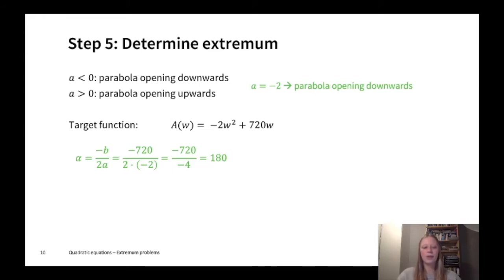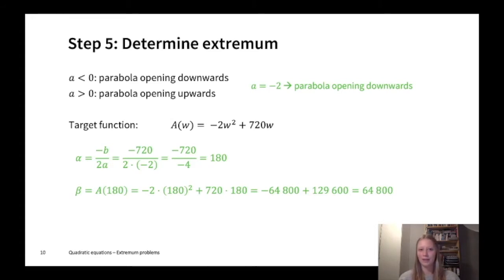So now we have to find beta. Now, how can we do this? We need to fill in alpha in our function. So we're going to change the w by the x value that we found, so our x coordinate or alpha. So that means that beta is A of 180, so equals negative 2 times 180 squared plus 720 times 180.